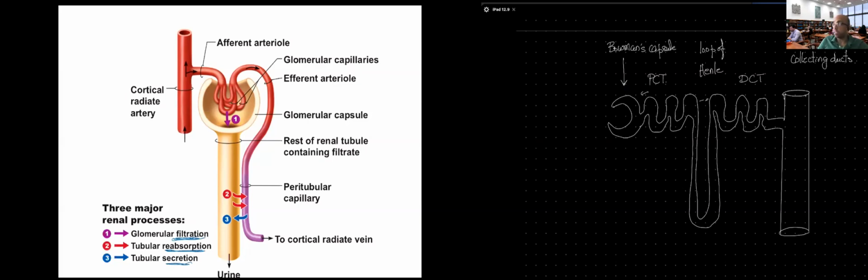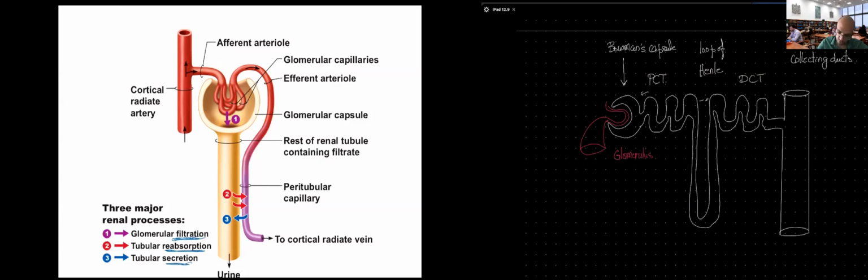The associated capillaries will be sharing in the formation of the nephrons. The first tuft of capillaries that we've seen were located inside the Bowman's capsule, and we call those my glomerular capillaries, which are forming my glomerulus.